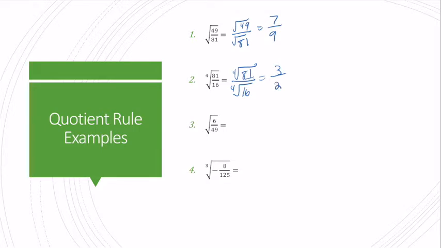If I have the square root of 6/49, that's the square root of 6 over the square root of 49. I can't simplify that just yet, right? So I've got the square root of 6 over 7. If I have the cube root of negative 8 125ths, that's the cube root of negative 8 over the cube root of 125. The cube root of negative 8 is negative 2. The cube root of 125 is 5, so I get negative 2/5.